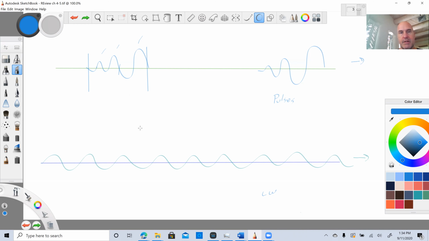Pulse repetition period. Okay. Pulse repetition period is the time it takes to go from here, the beginning of one cycle, to the beginning of the next cycle. All right.